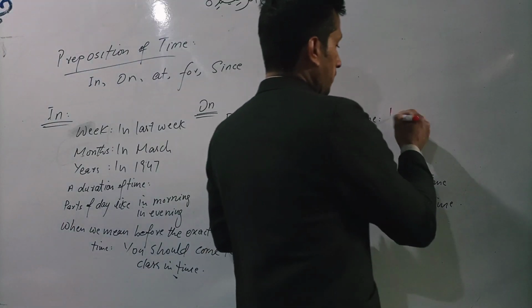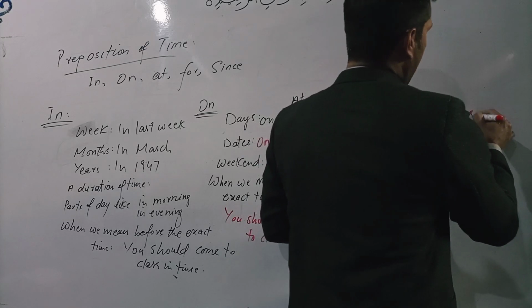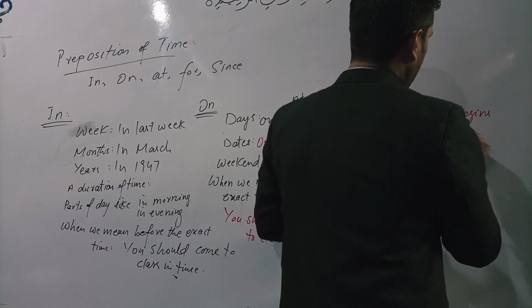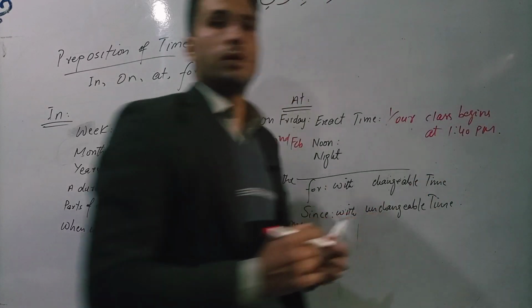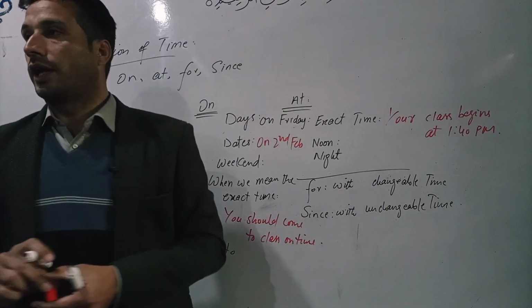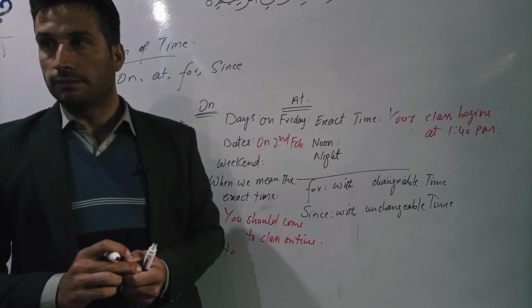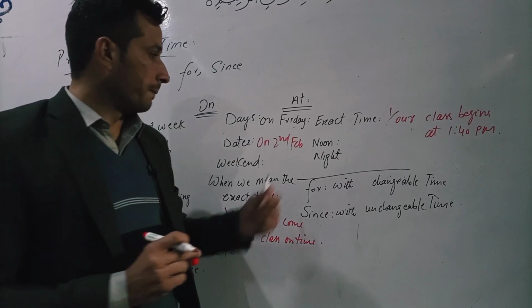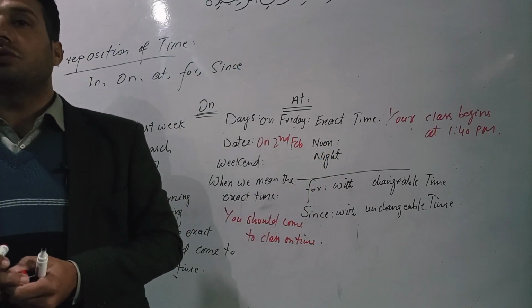Like your class begins at 1:40 PM, or at 1 o'clock, at 2 o'clock, at 3 o'clock, etc. Understand? Okay. Next, when the words noon and night come, we say at noon or at night.